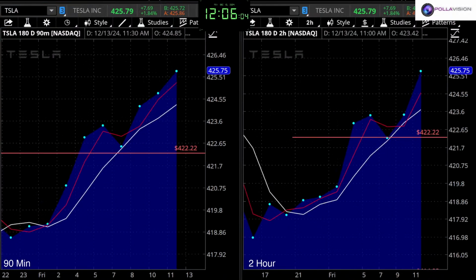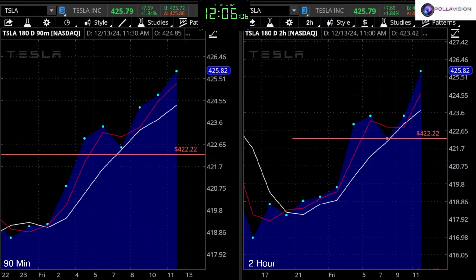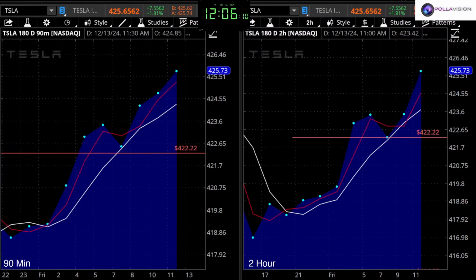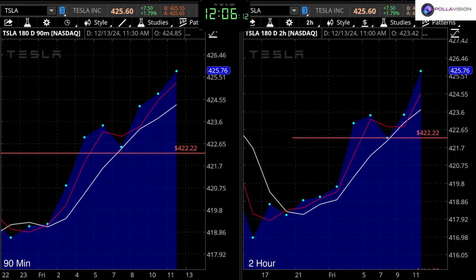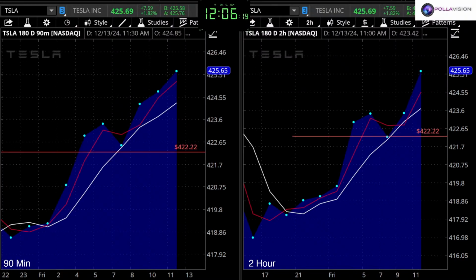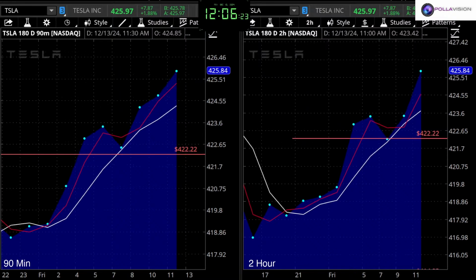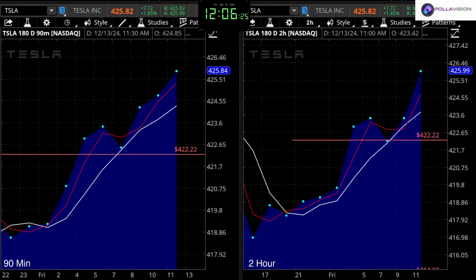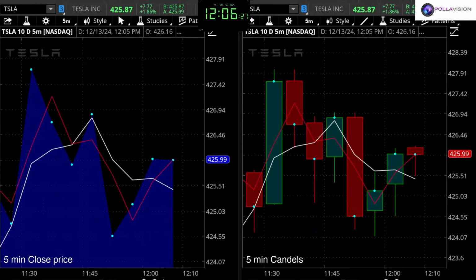Look at the 90 and the 120. Do you see that turning down? Would you short this? If you're playing this emotionally, would you short it? Not if you have the facts. Let's look at 5 minute again.